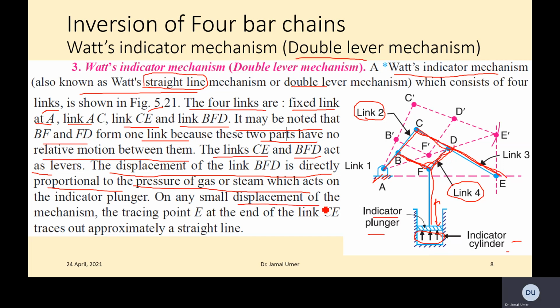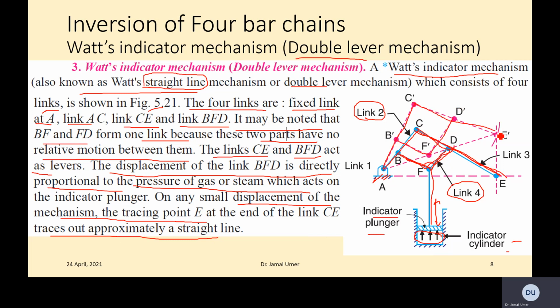On any small displacement of the mechanism, the tracing point E at the end of the link CE traces out approximately a straight line. So you see, this is very interesting. When this moves up because of this pressure, the other position is shown: the link AC is now AC prime, the new link, and the position BFD would remain the same.